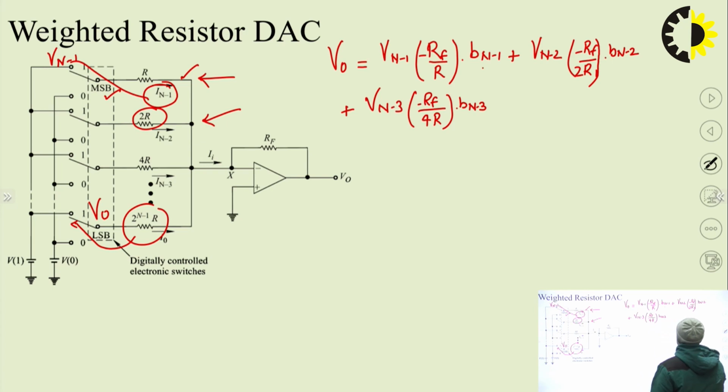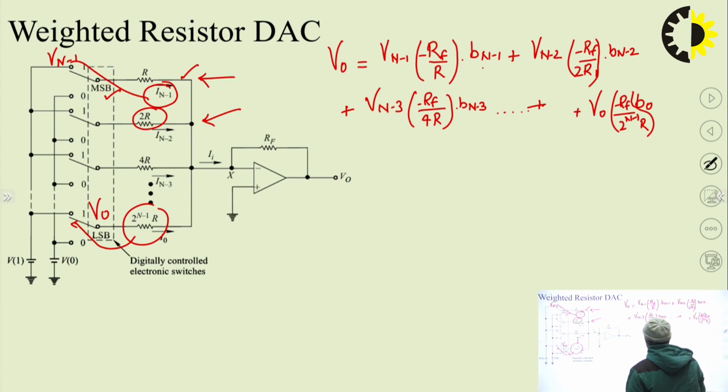Okay, and similarly the last few branches. This will be the last one: B naught into minus Rf upon 2 raised to power n minus 1 R, this thing into V naught. Okay, so this will be the last one.